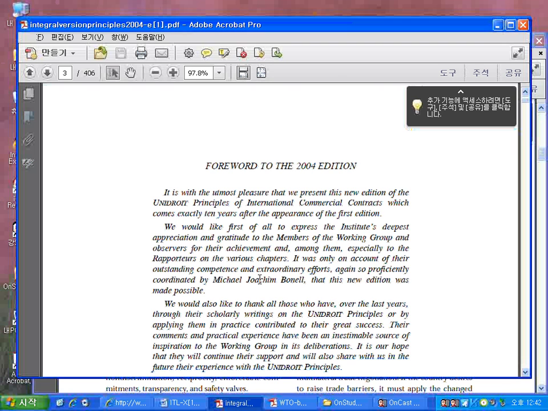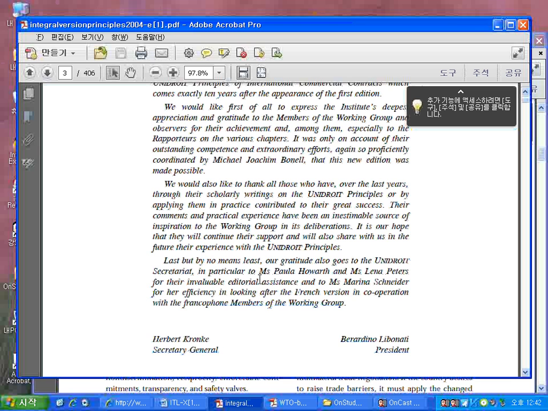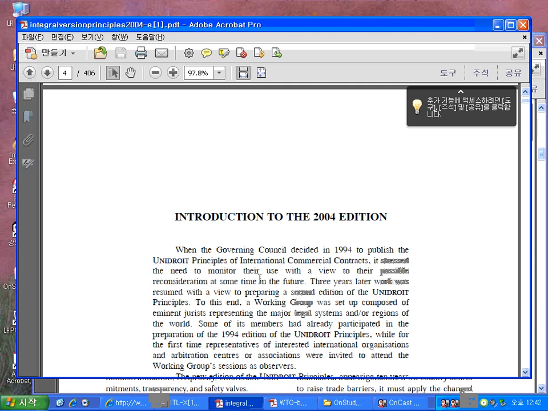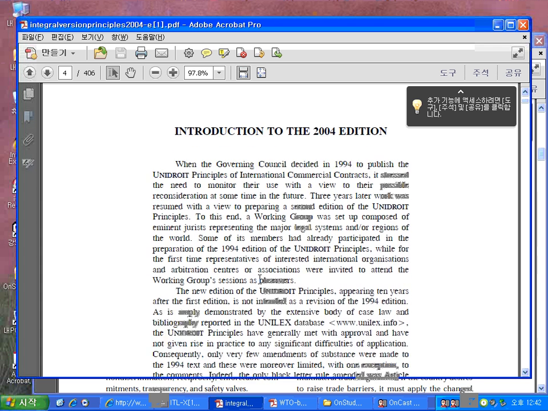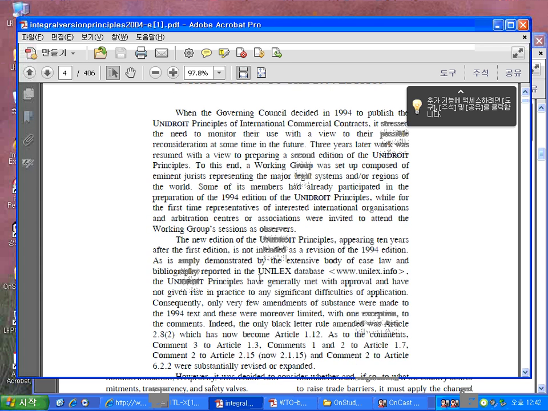So it will be massively irrelevant with international operation of laws.